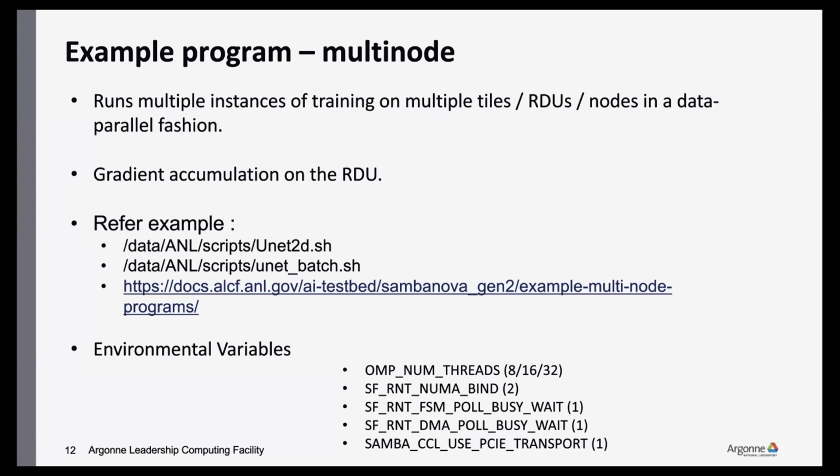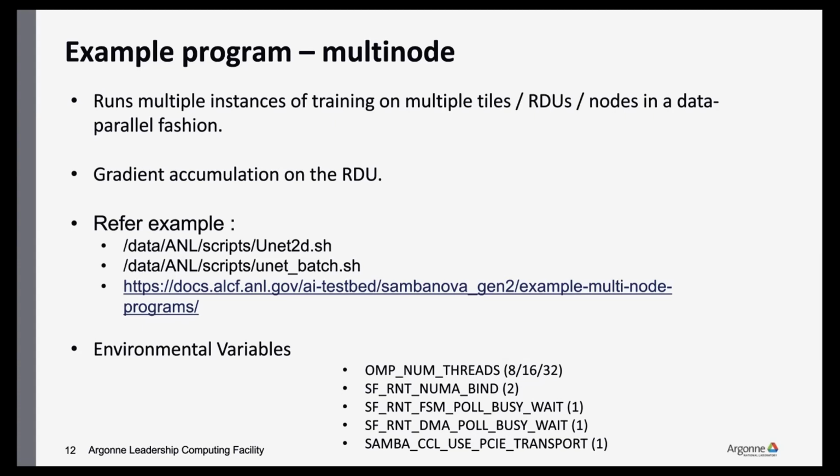And usually the gradient accumulation happens on the RDU, which gives better performance. If you want to take a look at a script, which is a combination of the compile and the run commands, I've just used a UNet example.